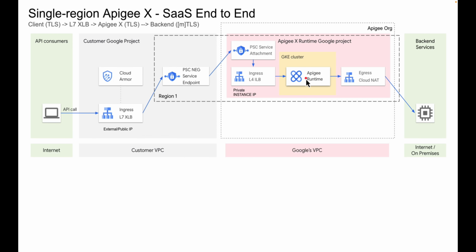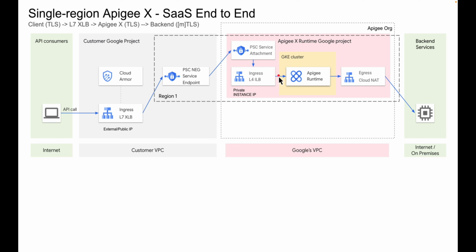Another solution is to use Private Service Connect. With an L7 external load balancer, so an HTTPS load balancer, we are also able to reach the Apigee runtime through a service attachment that is exposed on each instance of an Apigee runtime. So when an Apigee runtime has been provisioned, a service attachment is exposed.